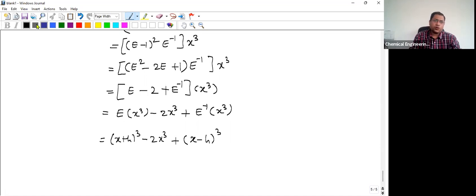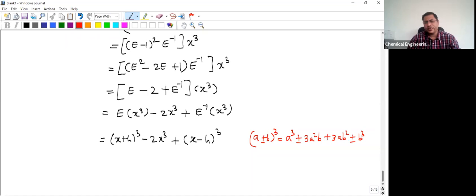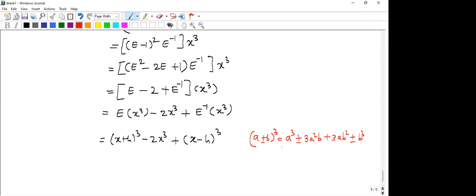So we know the formula: (a plus or minus b) cube is equal to a cube plus or minus 3a square b, plus 3ab square, and plus or minus b cube. Are you getting this formula?